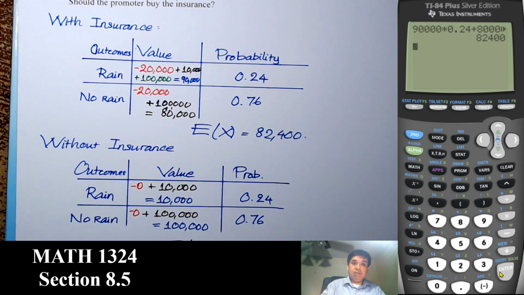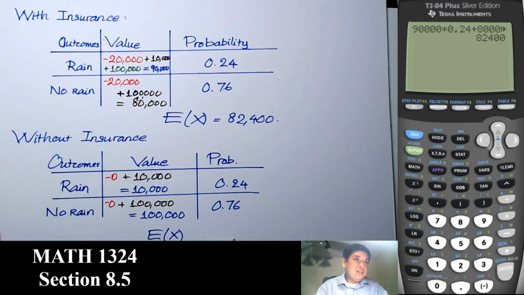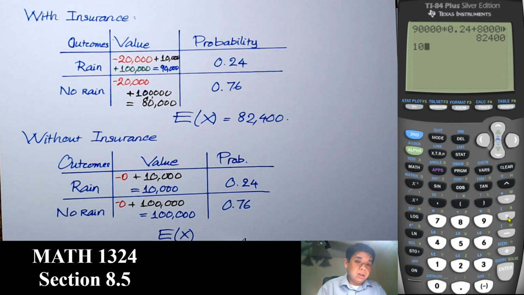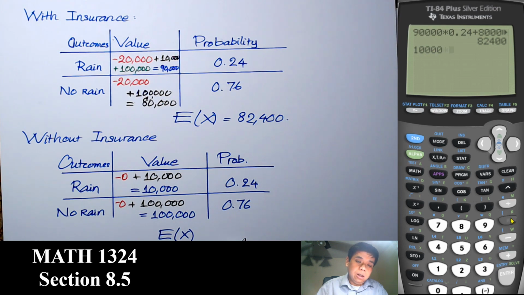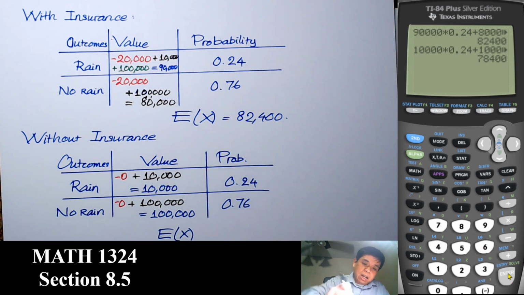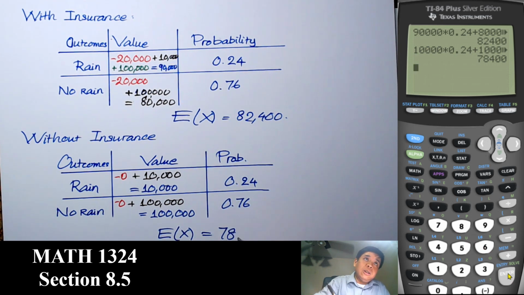And we multiply across and add them. So we have 10,000 times 0.24 plus 100,000 times 0.76, and we have 78,400.